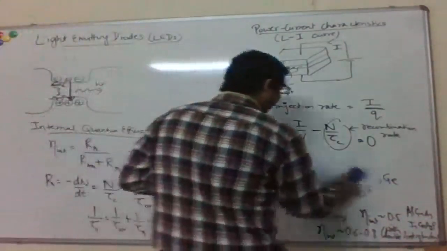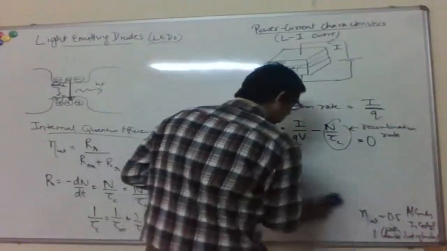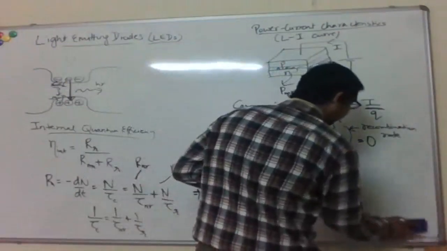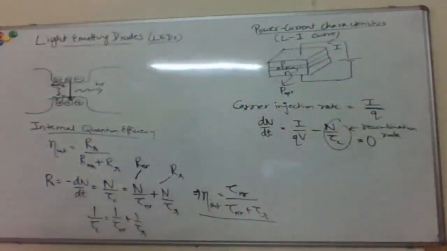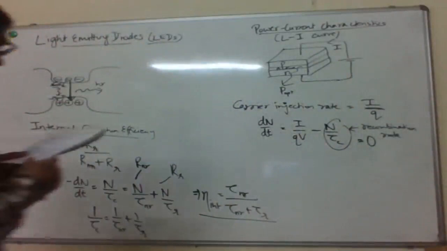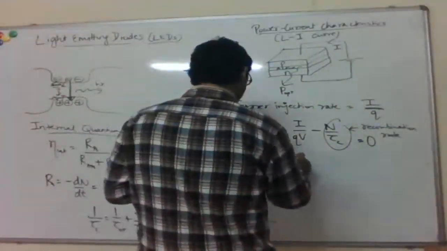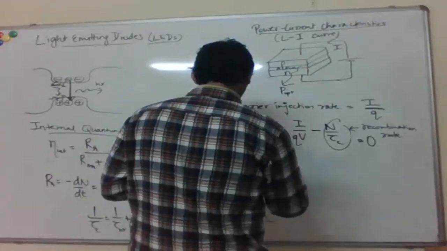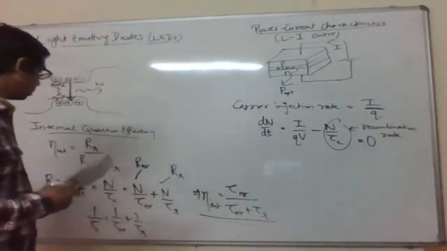Okay. And now if you look at the rate of charge carriers which are combining radiatively, that's basically this n over tau r, right?